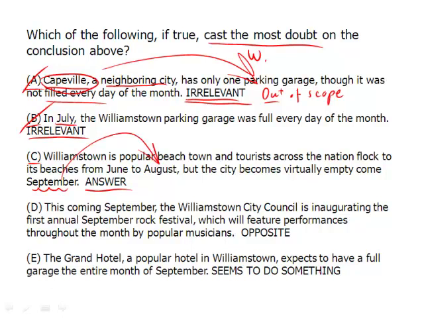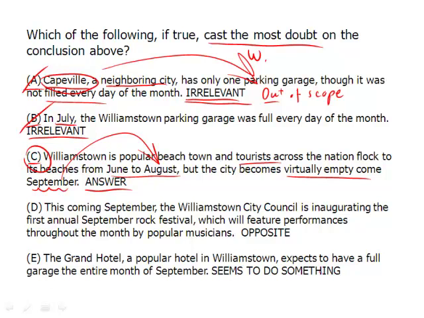And now we know it's relevant. And how does it differ? Well, it differs in a very relevant way. And it differs in terms of people coming there to park. Tourists across the country come to its beaches. And then what happens in September? Virtually empty. Therefore, saying, oh yeah, September the parking lot's going to be full as well, is incorrect. And again, we're casting doubt, so C is the perfect answer.